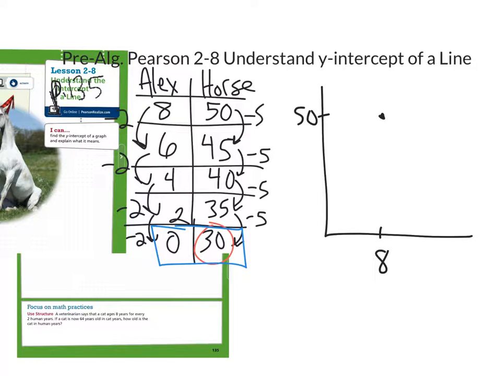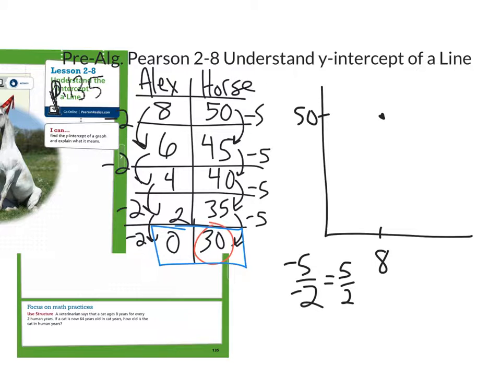And then basically we could think about the horse goes down 5 and then Alex's age goes down 2. So that's like -5 over -2, which is the same as 5 over 2. Since we're trying to work backwards, though, we don't want to go up 5 and over 2. We actually want to go down 5 and to the left 2.